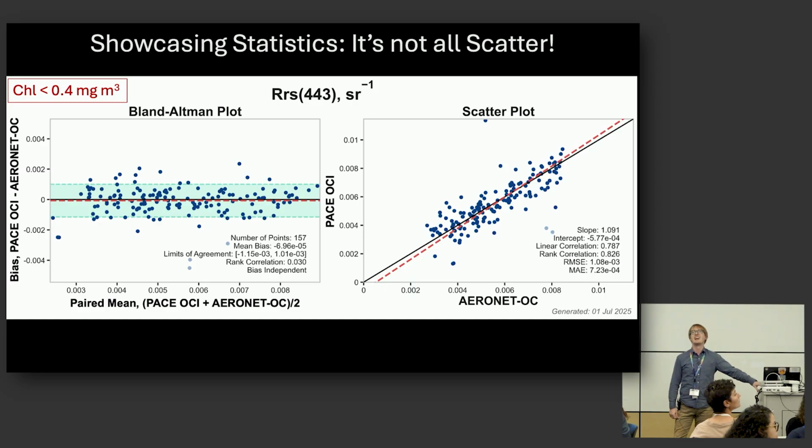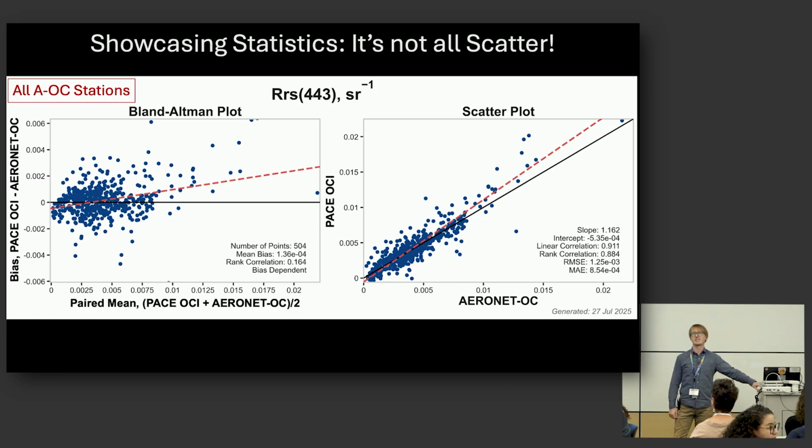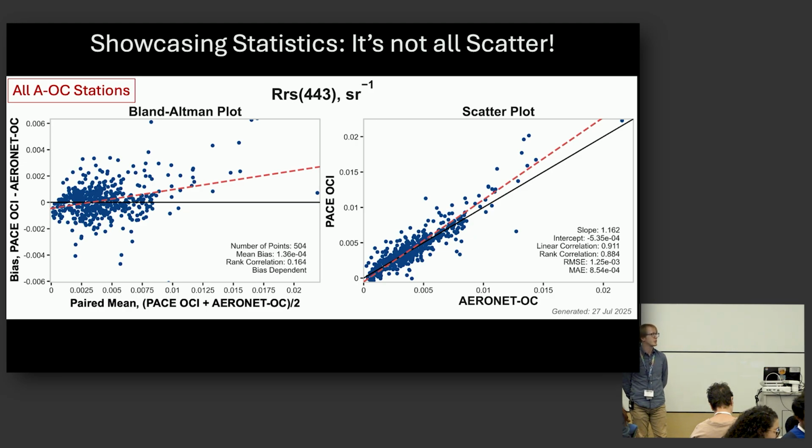But when I do the AERONET-OC all sites matchups, I start seeing my plots have kind of changed up. I don't have that nice little limit of agreement area where my variability in my field is being constrained at low or high values. So what this means right here is that when I have higher remote sensing reflectance at 443, I might have a slight positive bias that's scale dependent.